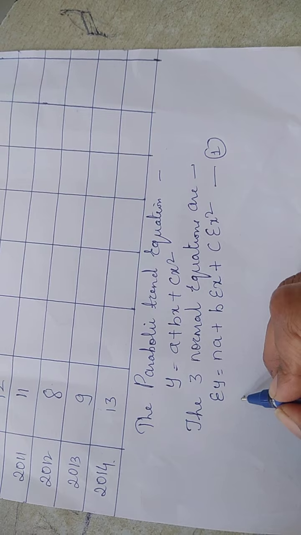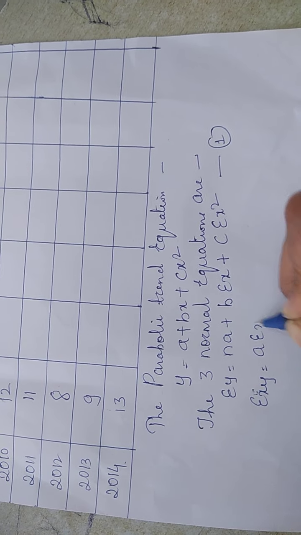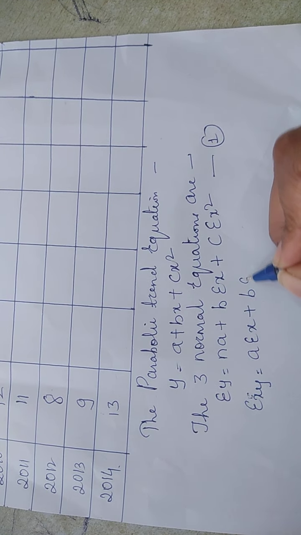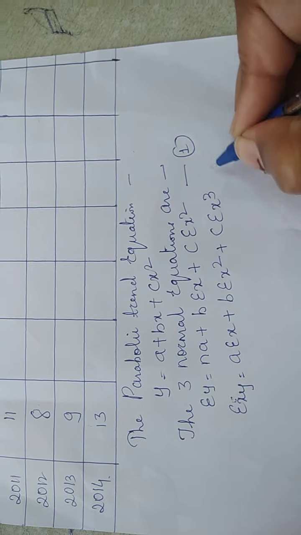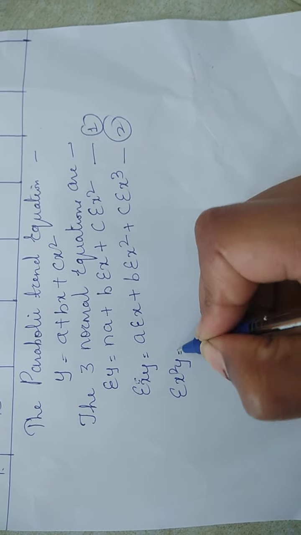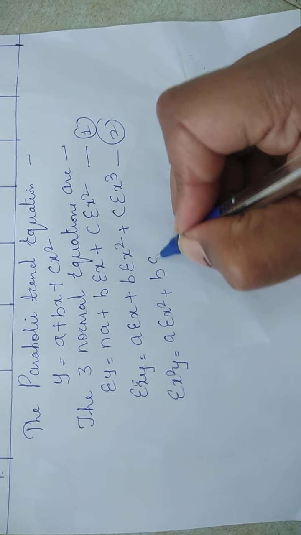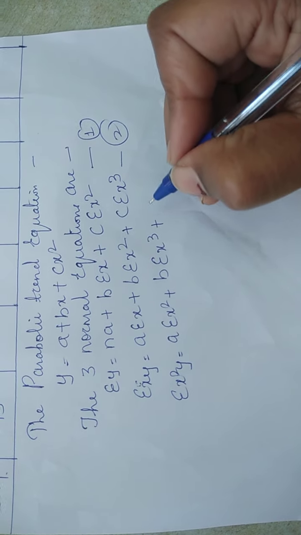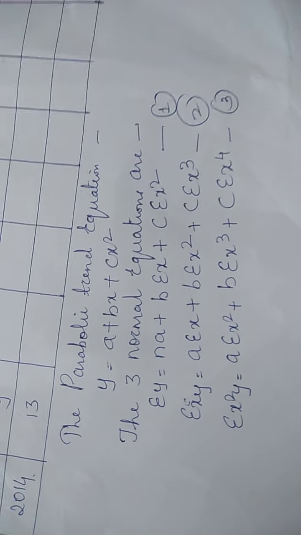The second normal equation: summation xy = a summation x + b summation x² + c summation x³. Then the third normal equation: summation x²y = a summation x² + b summation x³ + c summation x⁴.